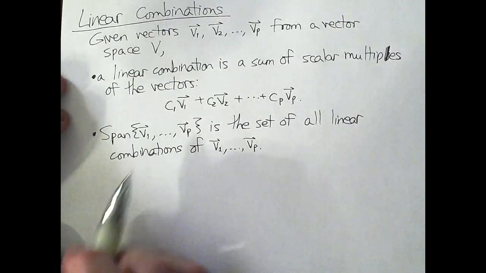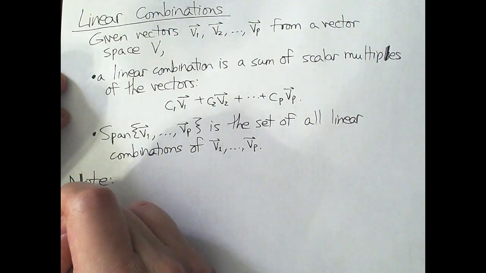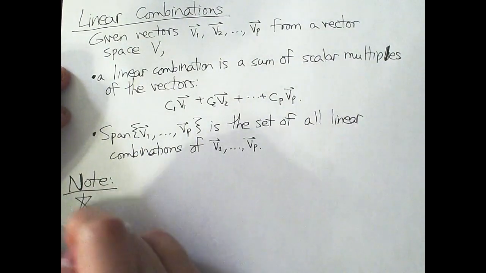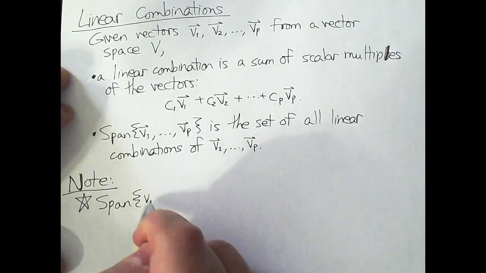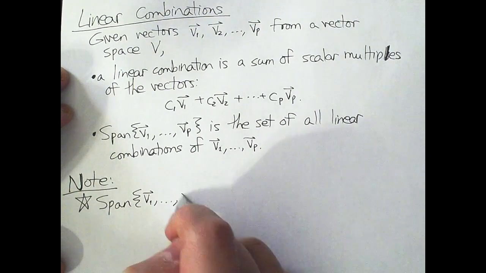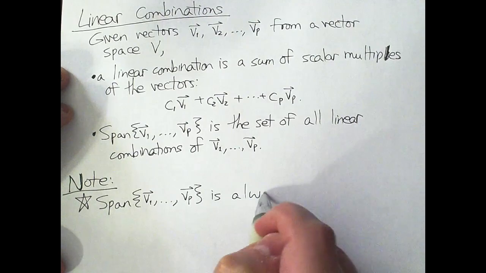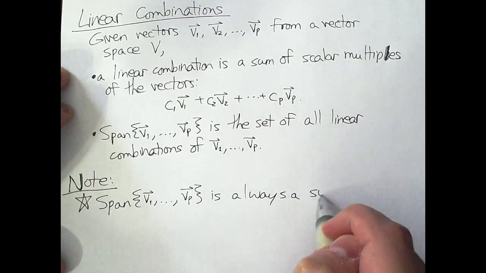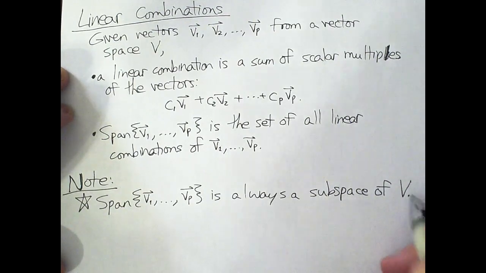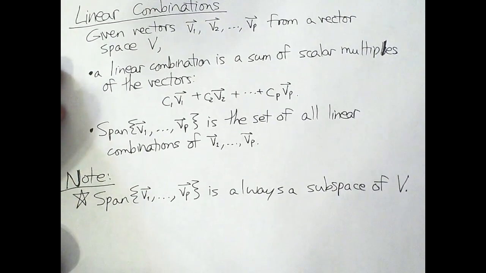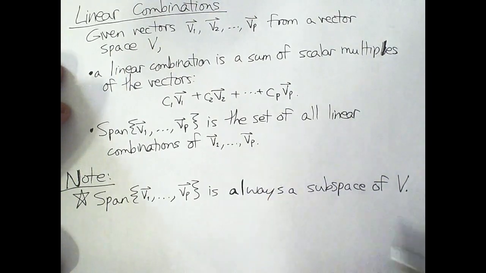So a couple of things I want to say here. Note, the span of a bunch of vectors is always a subspace of the vector space it came from, V. We said this fact earlier in the semester for Rn.